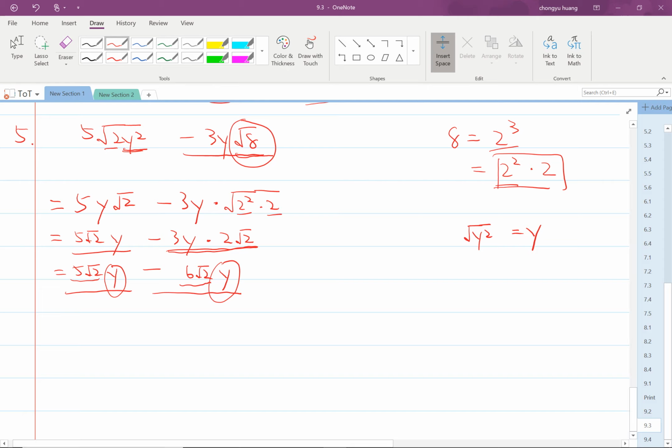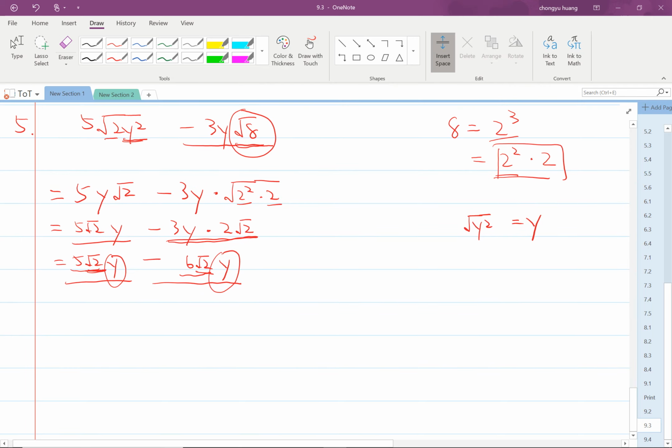So they both have a square root of 2. Over here, what you are going to do is 5 minus 6, and since both terms have square root of 2y, you just copy it down. So our final solution will be negative square root of 2y.